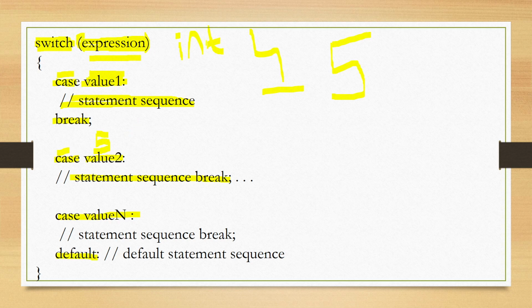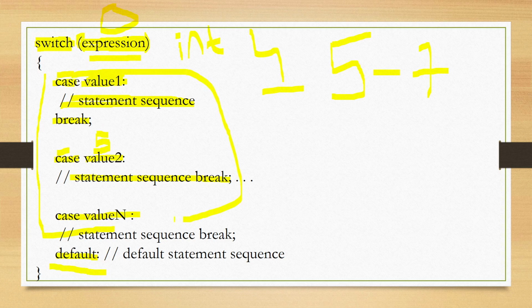Suppose I have cases from 4 to 7 and the value results to be 0. I don't have any case which responds to 0, so in that case this is default. If the value of the expression doesn't match any of these, then the default would be run.